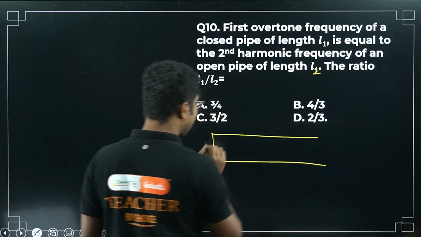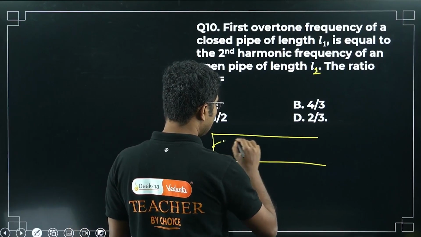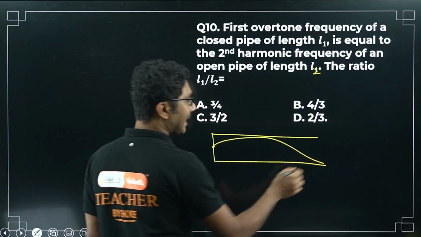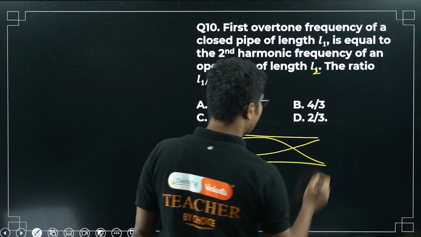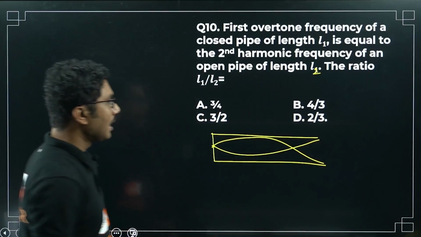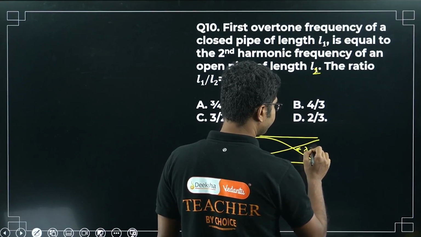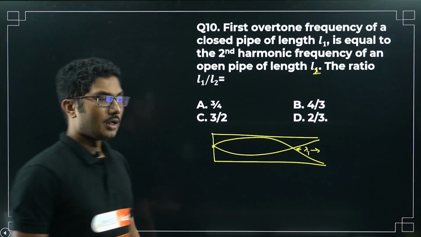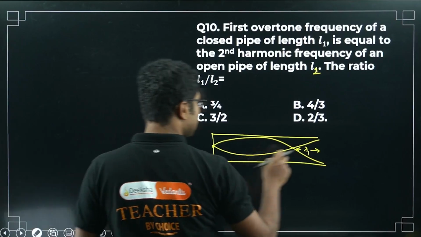So remember that for a closed pipe there will always be a node at one end and an antinode at the other. This will always be true for a closed pipe, right? Now what is the distance? Suppose the wavelength is lambda 1 for pipe 1. So this distance is lambda 1 by 4.